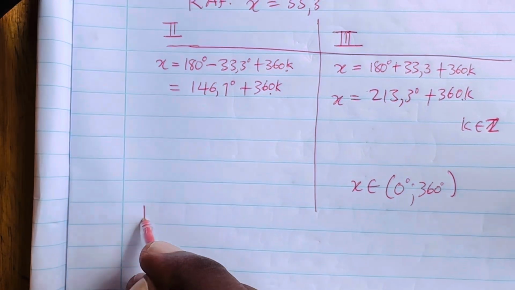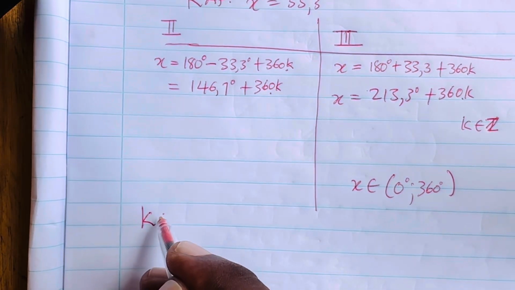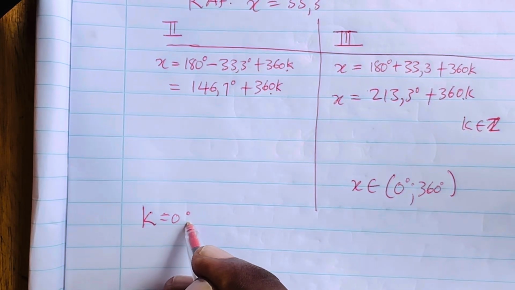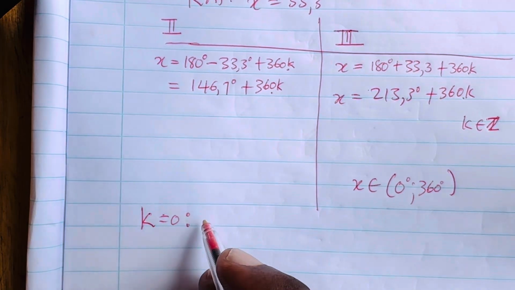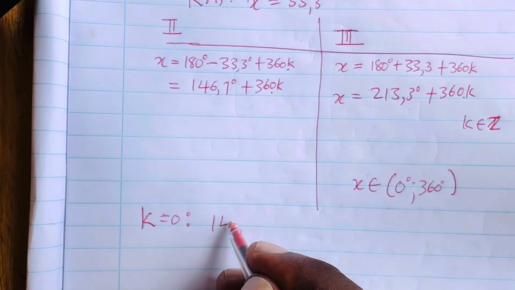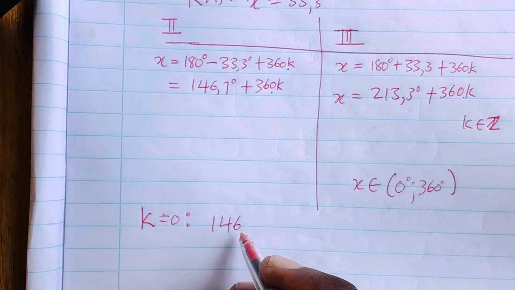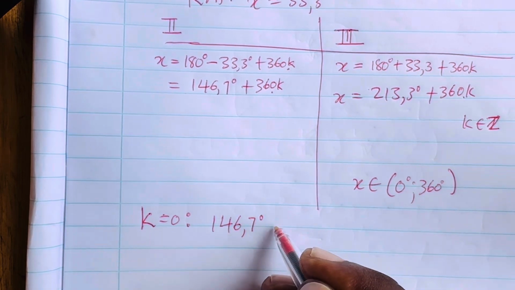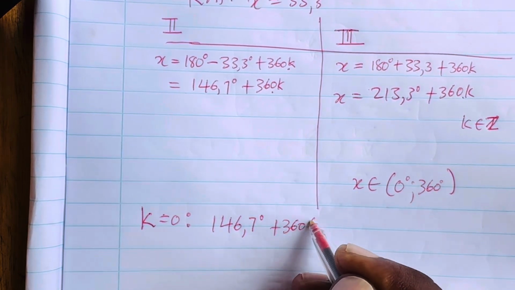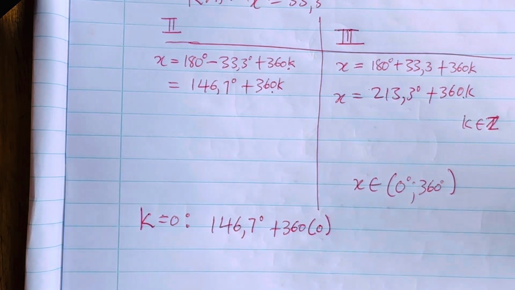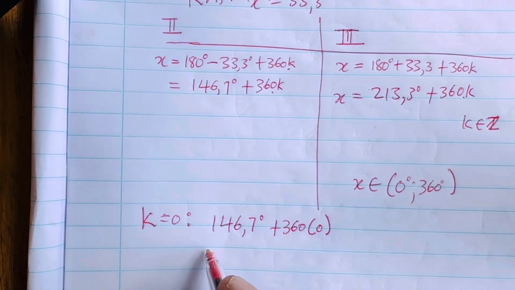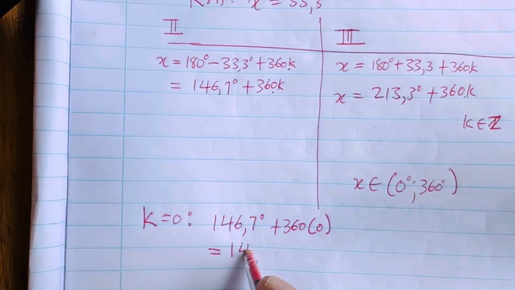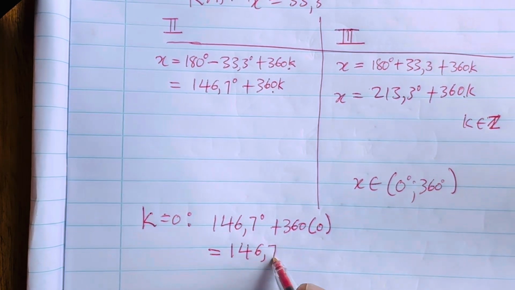So we substitute the integer k equals 0. From this side we get 146,7 degrees plus 360 multiplied by 0, which is 146,7 degrees.